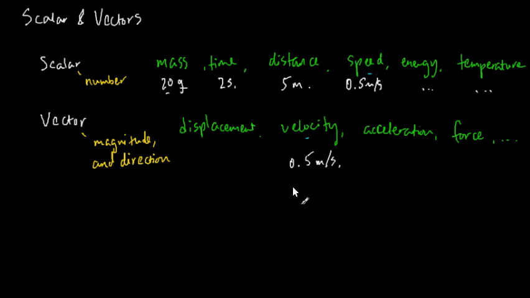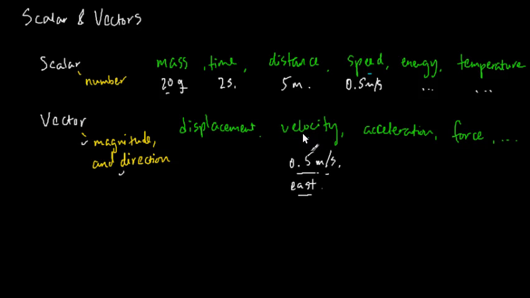So for example, I'm actually walking towards the east. So I have a direction here. I'm walking towards the east at this speed. So if I talk about velocity, I have to mention both its magnitude, which is what this number is, and its direction. So as I said earlier, magnitude and direction.